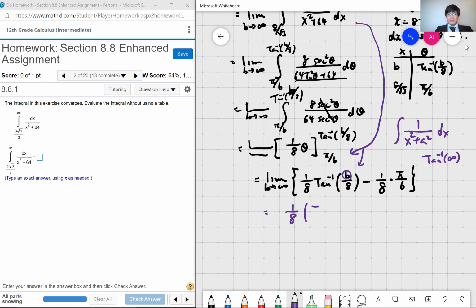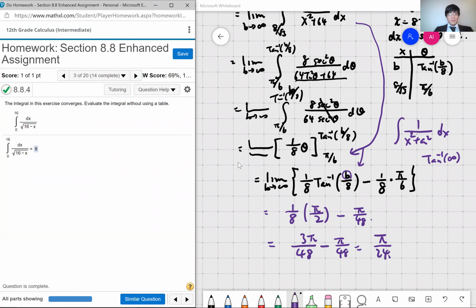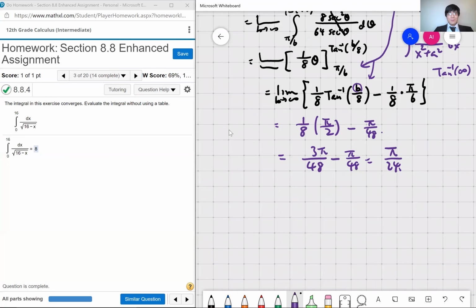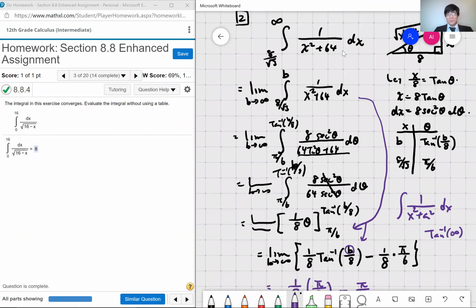So it's going to be pi over 2 minus pi over 48, which will be 24 pi over 48 minus pi over 48... so it's going to be pi over 24. Okay, that was a long question because I didn't remember the formula. I recommend you memorize the formula for this. That's going to save lots of time.